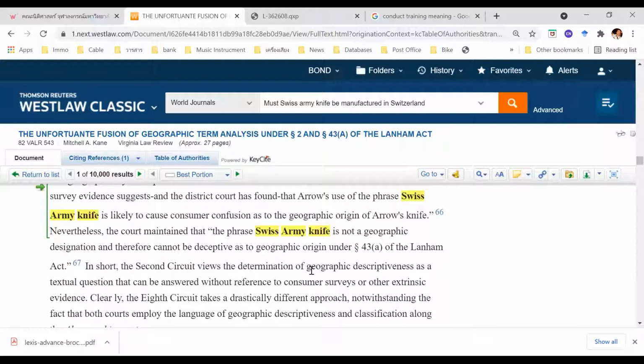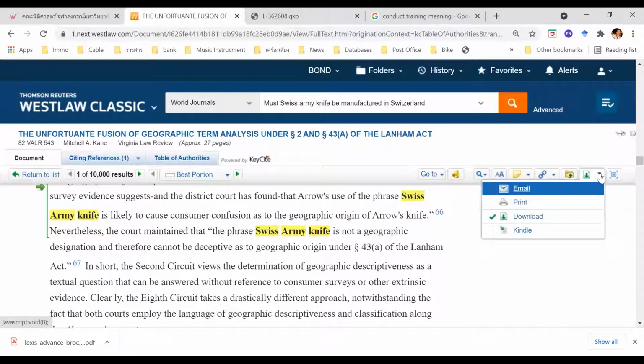Can I choose the format to download? You can look at that, this one. You just go back to this drop down. This is the option for how to manage your results. The first one, you prefer to download, save it, store it on your hard disk. You just select download.